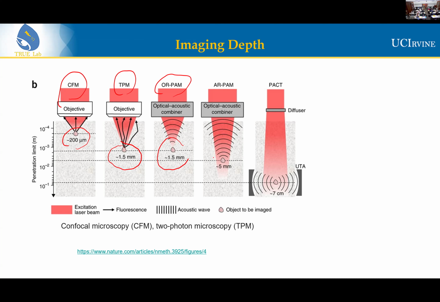Acoustic resolution can reach up to 3 to 5 millimeters, way higher penetration depth. But of course, you have to sacrifice the resolution. Typically, I would say 40 micrometers resolution. So it really depends on your research target, how deep it is, and how much resolution you need.